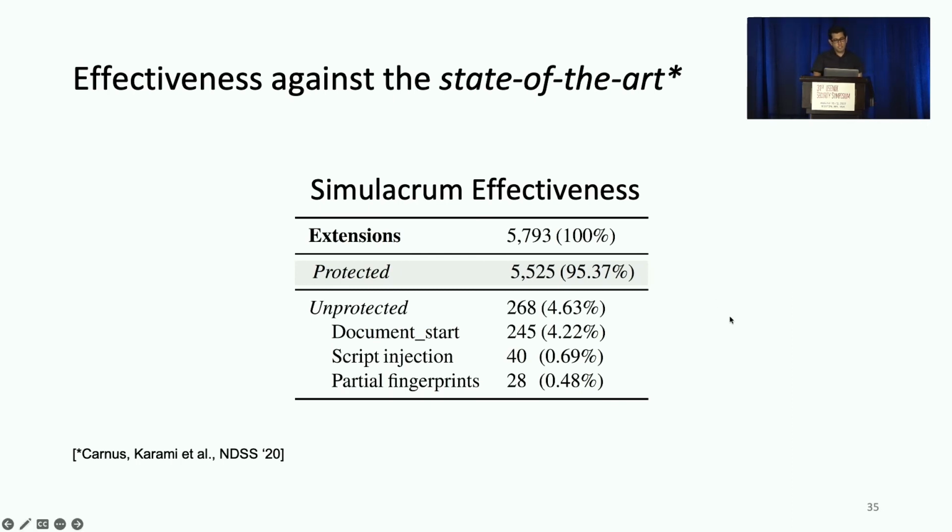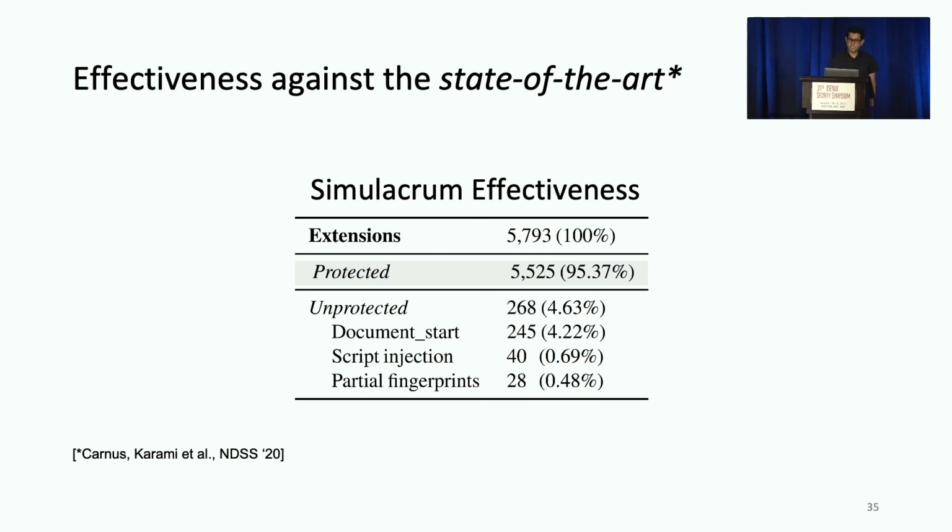The first evaluation is about the effectiveness of this system. We used Carmi, which was the state of the art for detecting extensions based on DOM modifications. By using Simulacrum, we were able to protect more than 95% of extensions.